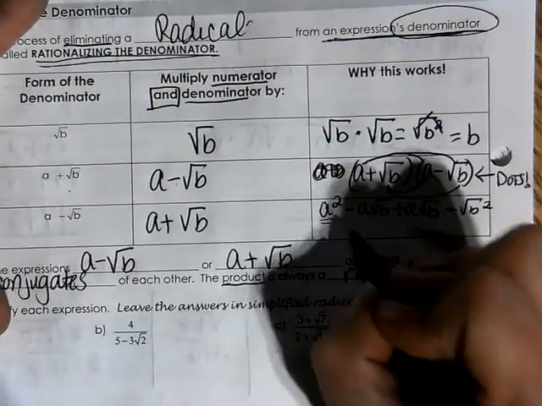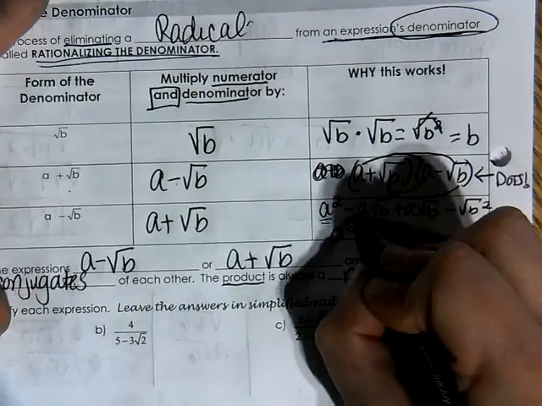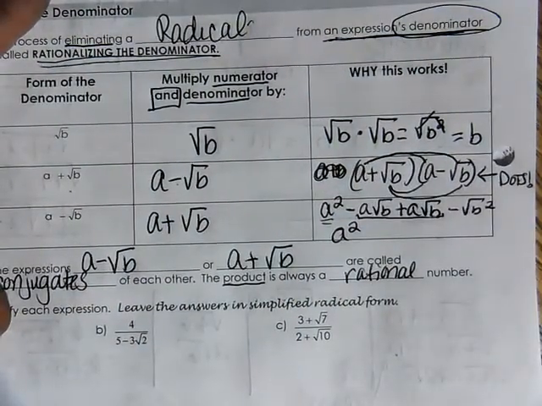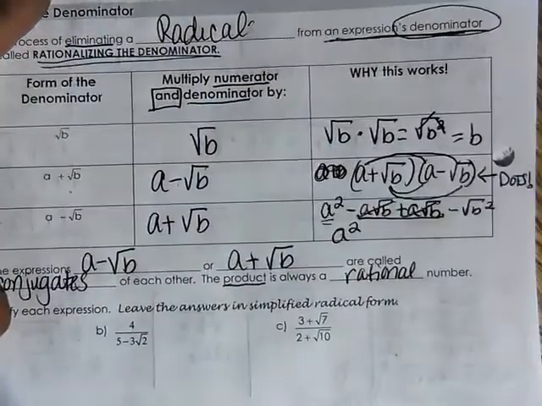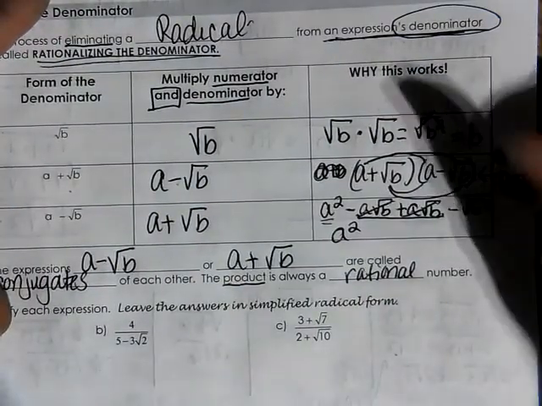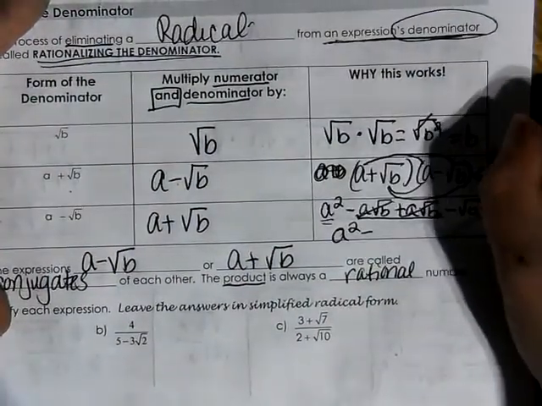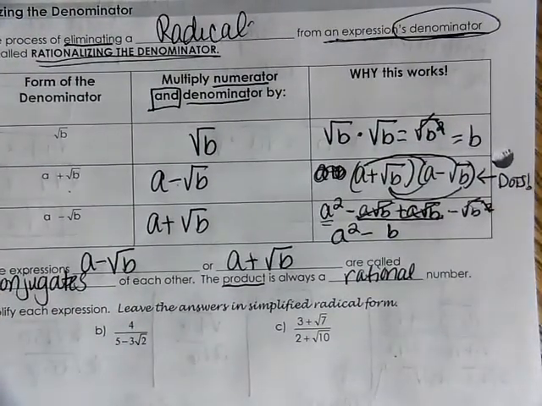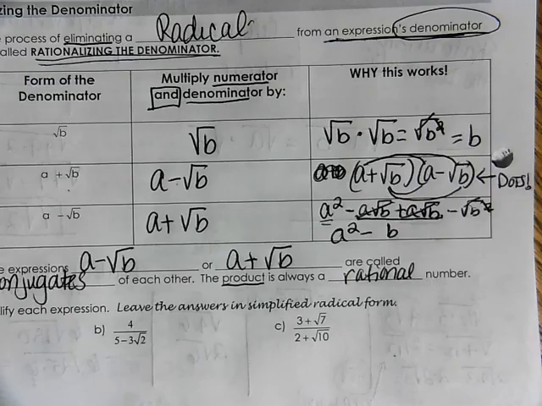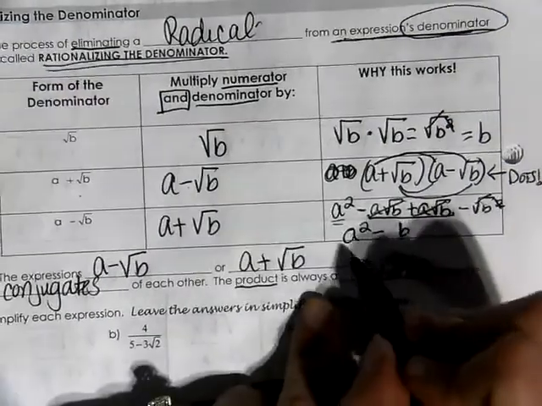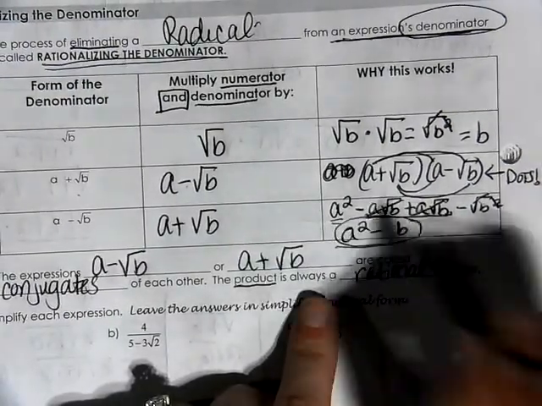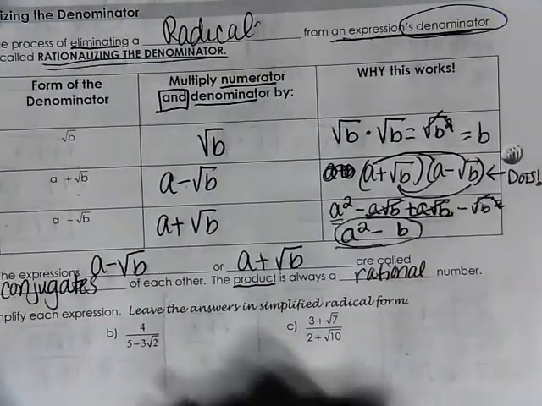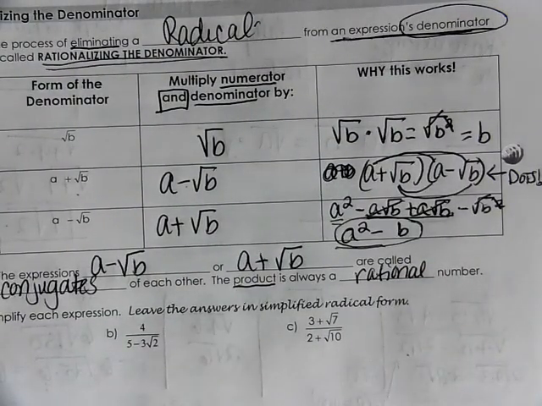Combining like terms, I have a squared, then negative a times the square root of b plus a times the square root of b, which cancel away. And the square and the square root eliminate, leaving me with the letter b. So it's going to end up being a rational number. A squared minus b is a number that I will be able to simplify.